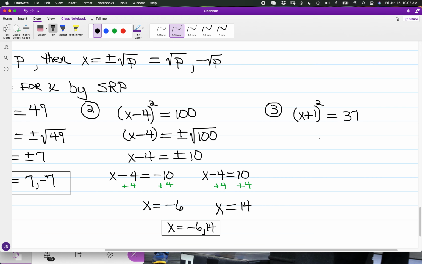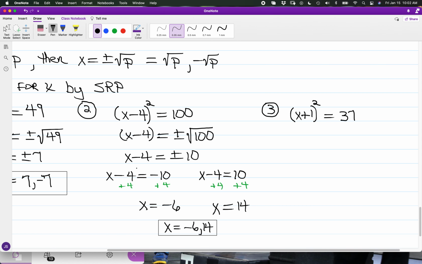And just like what I've done earlier, okay, like with x squared in the first example and the square of x minus 4, I have the square of x plus 1, so I'm going to drop this from second to first order. So you have x plus 1, so take out the 2. And p is represented by 37, so we have plus or minus, okay, the square root of 37.